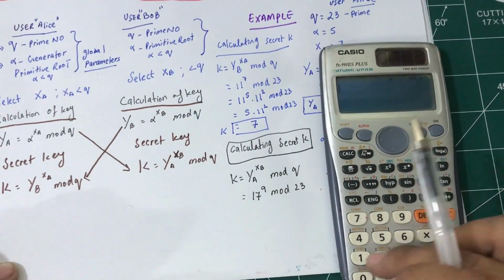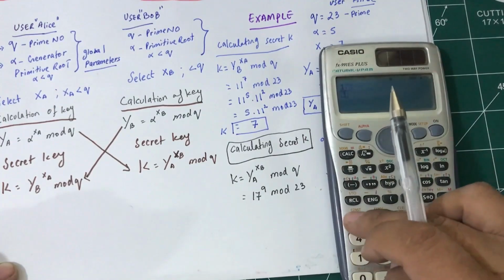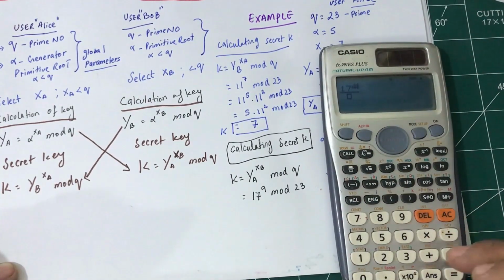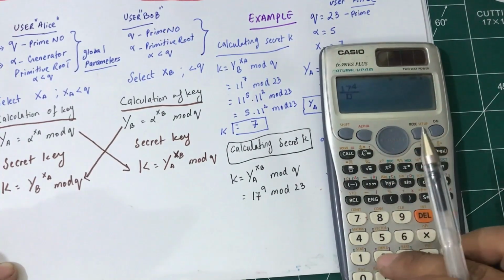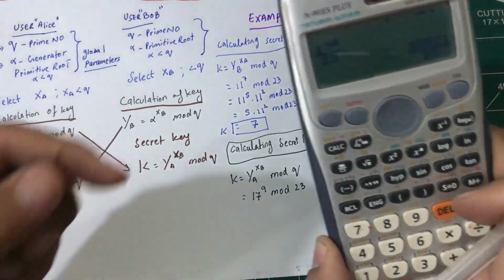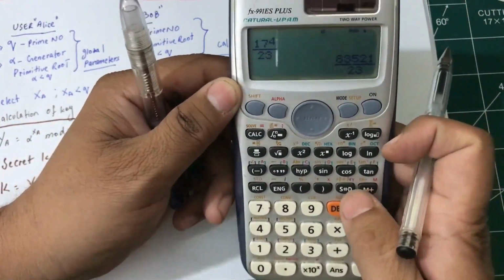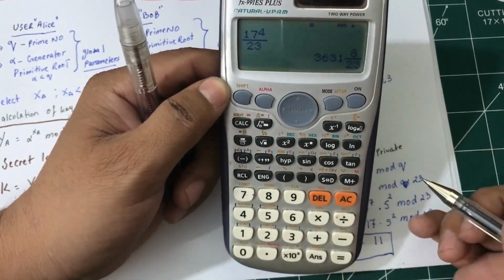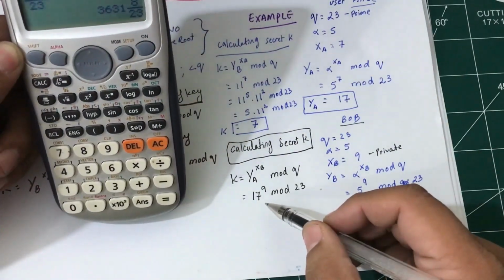So 17 raised to 4. Let's try 17 raised to 4 divided by 23. Let's do shift and SD, and that would give me an 8. So I can break this down into this.